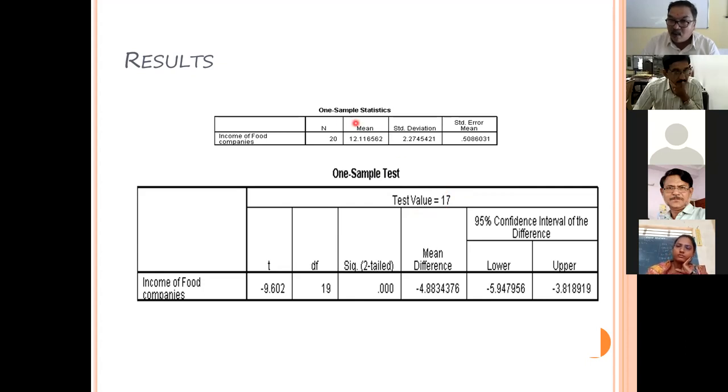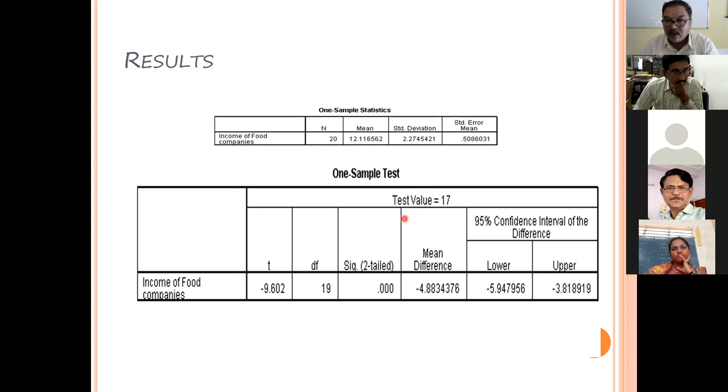Whereas the mean rate of profit in the selected companies from Mysore or from Karnataka is only 12%. And there are 20 companies, and we are comparing this company mean with the national average.